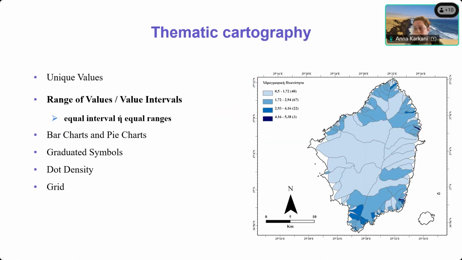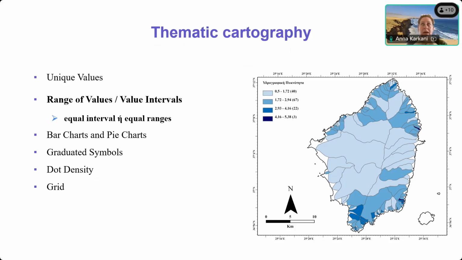And then we have a big category, which is the range of values or value intervals, where we have different options to create a thematic map by categorizing numerical values into some value intervals. Now, we have many different options in how we group, or how we categorize, the different values.